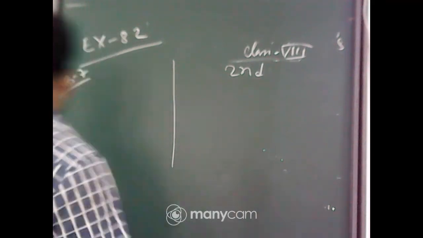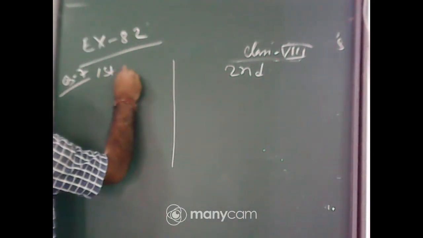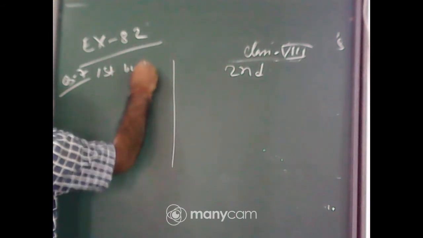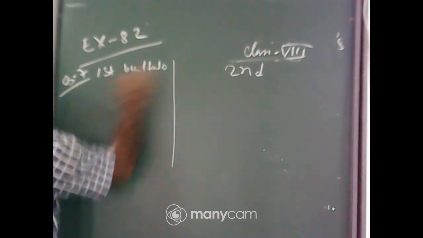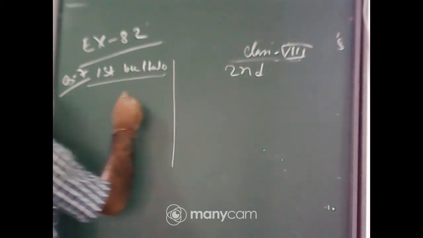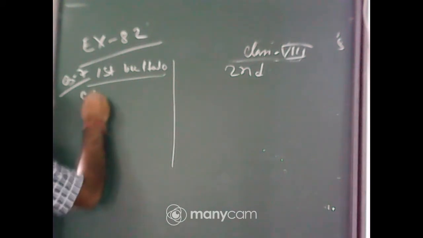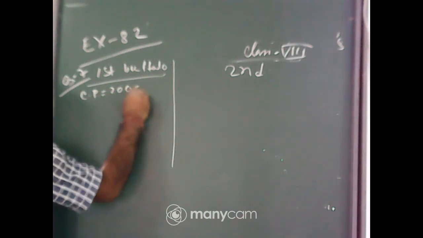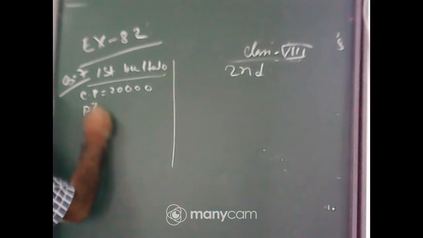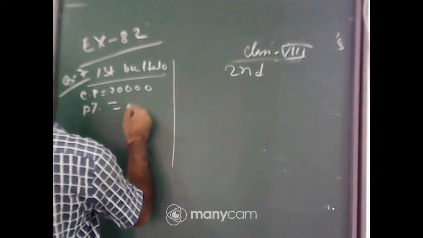The first buffalo and the second. In the first buffalo, I am taking profit, and in the second, loss. So cost price 20,000 and profit percentage 5.